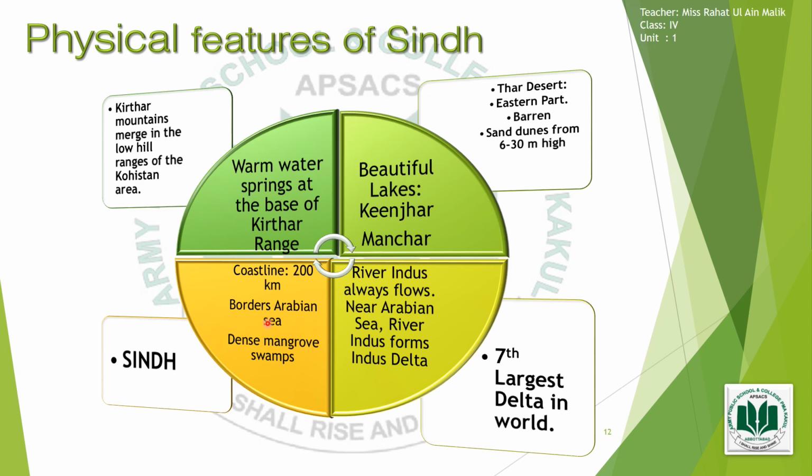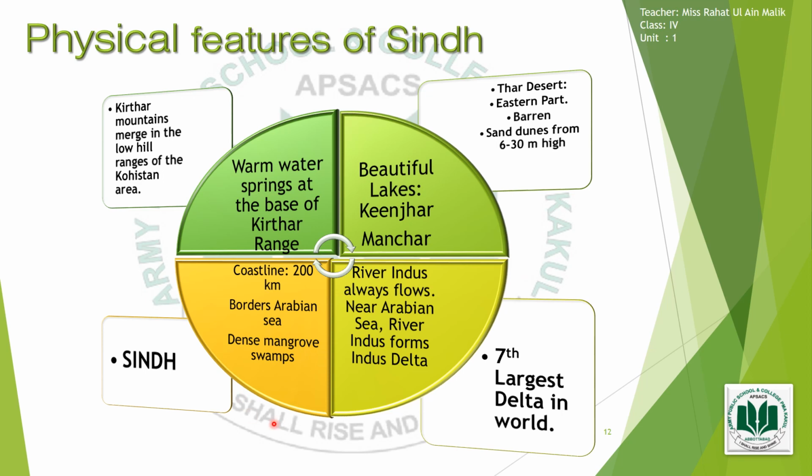the coastline borders the Arabian Sea and is 200 kilometers long. So the coastline or the area near sea that is found in Sindh is 200 kilometers long, and it borders the Arabian Sea. Means that beyond this line there is Arabian Sea, and it is an area of dense mangrove swamps.